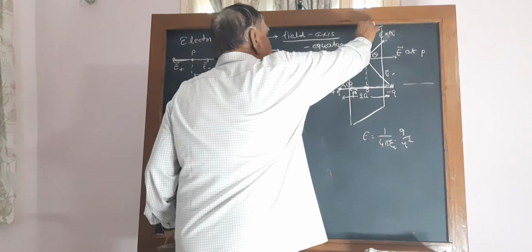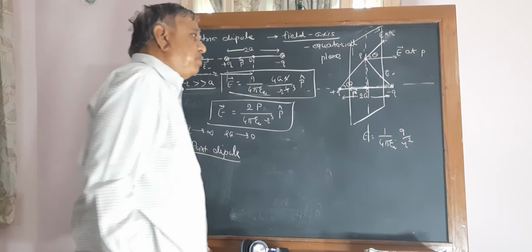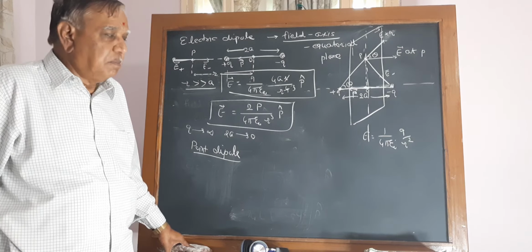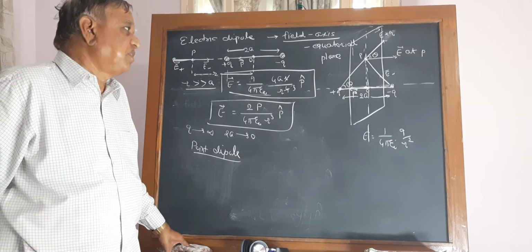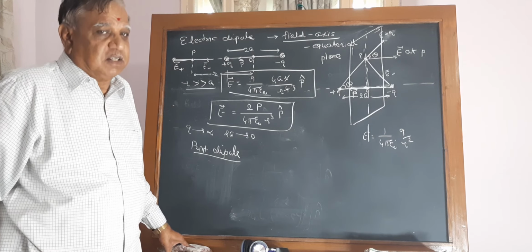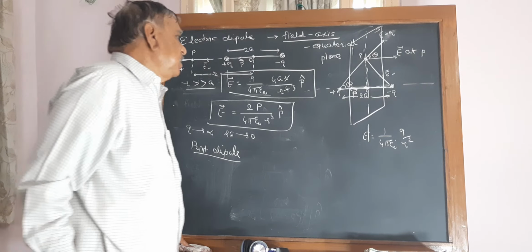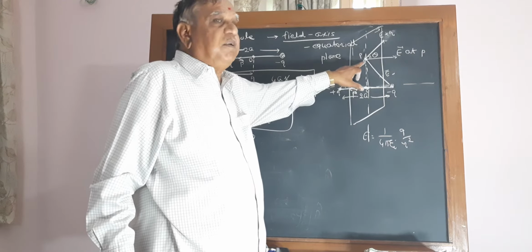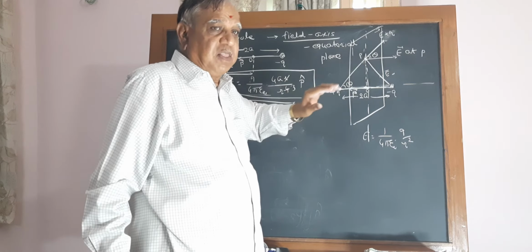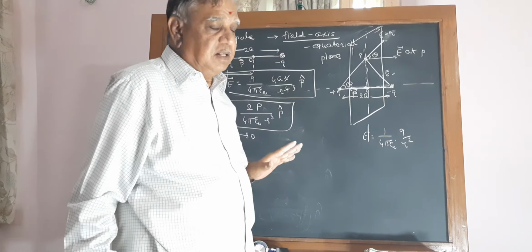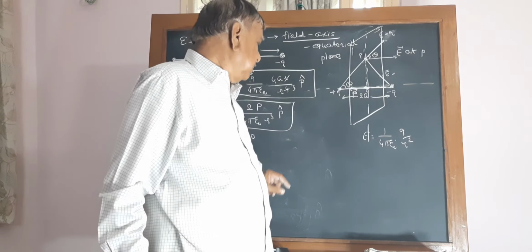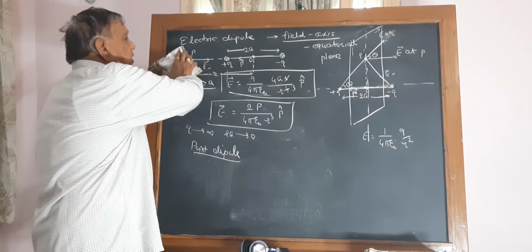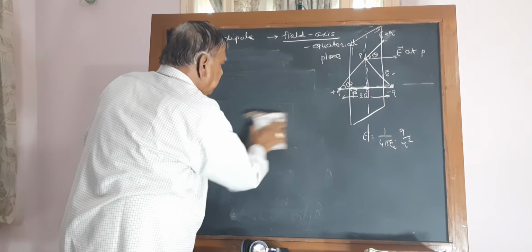But the bisector line, the normal passing through the midpoint, is known as the equator, and we have to find the field in the equatorial plane. Suppose at point P lying on the equatorial plane as shown in the figure.